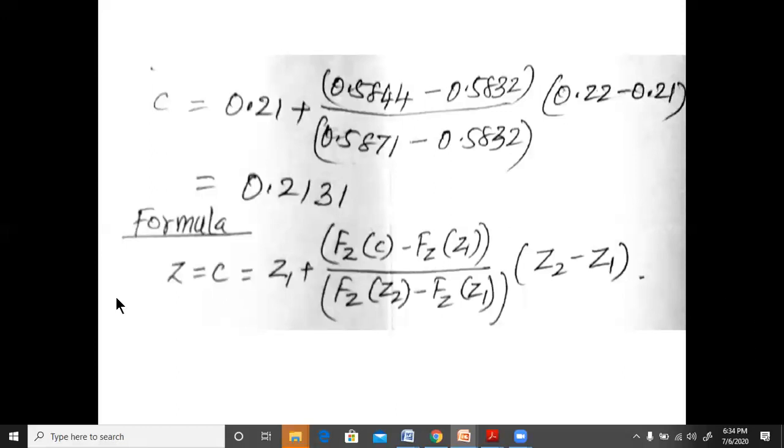So the formula is: Z equal to C is equal to Z1, where Z1 is 0.21, plus FZC minus FZ Z1 divided by FZ Z2 minus FZ Z1. So this is FZC, this is FZ Z1, and here we need to have Z2 minus Z1. So all that you should substitute over here. You'll get the value of C, which is equal to 0.2131. I hope things are clear.